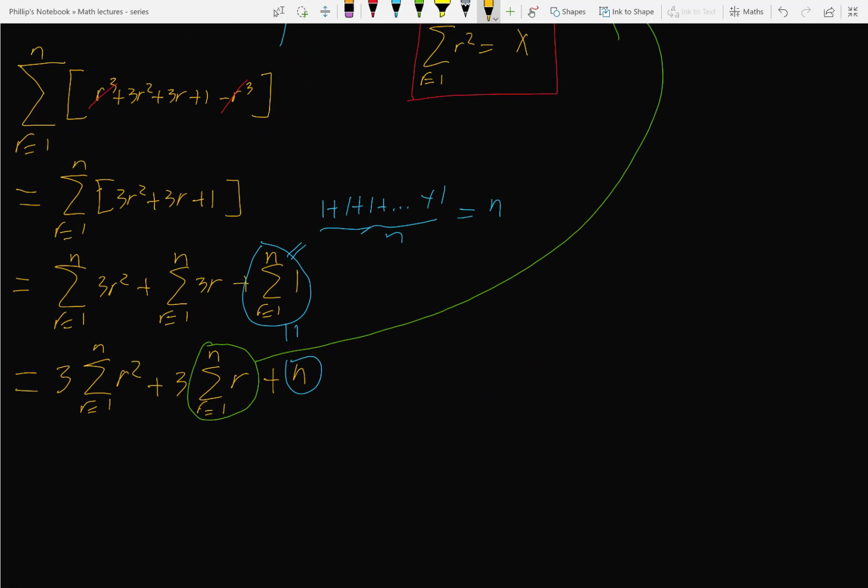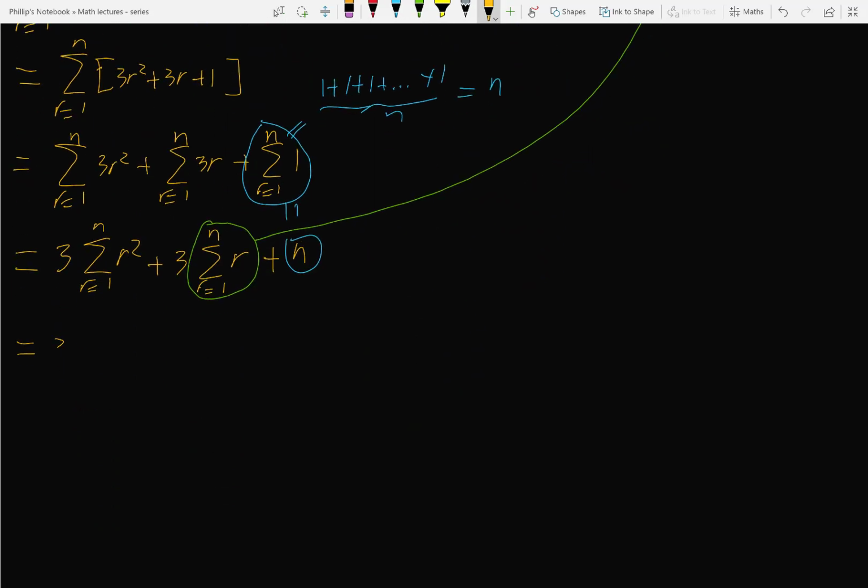So what we have now is 3 times the sum from r is equal to 1 to n of r squared plus 3 times n plus 1 over 2 plus 2n over 2.